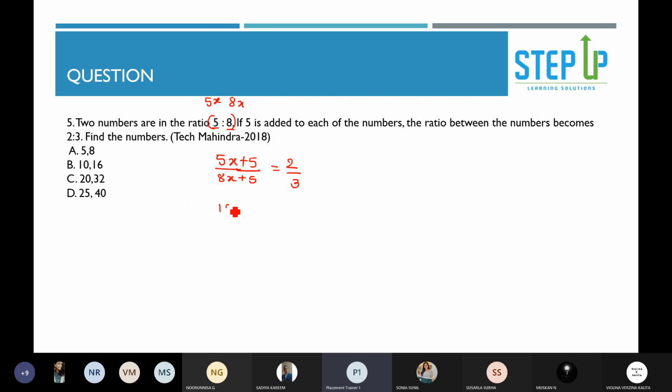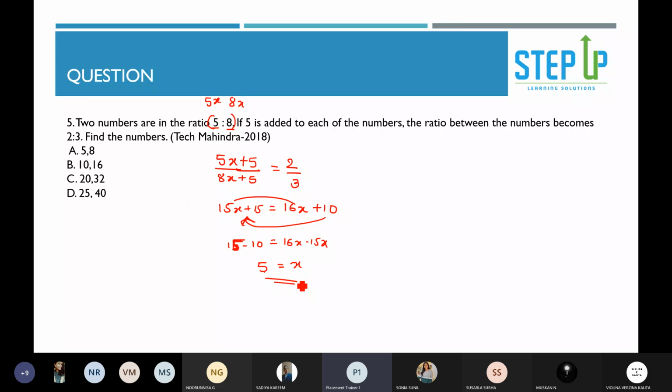So 3 into 5x plus 5, 15x plus 15 is equal to 16x plus 10, 2 into 8x plus 5. So 16x minus 15x is equal to 15 minus 10, or x is equal to what? 5. 15 minus 10 is 5.